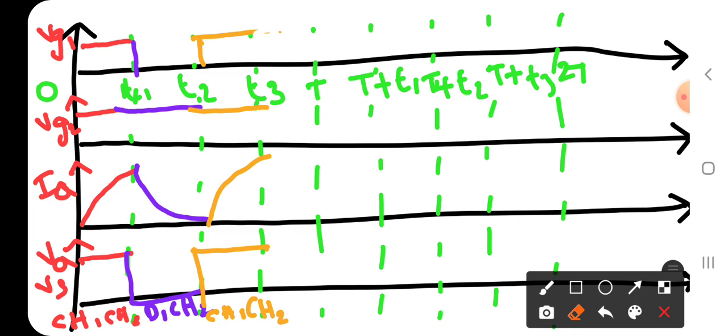Then CH1 and D2 will be turned on. Whenever D2 is turned on, the output voltage is 0. The current decreases from maximum to minimum, and here CH2 is off.